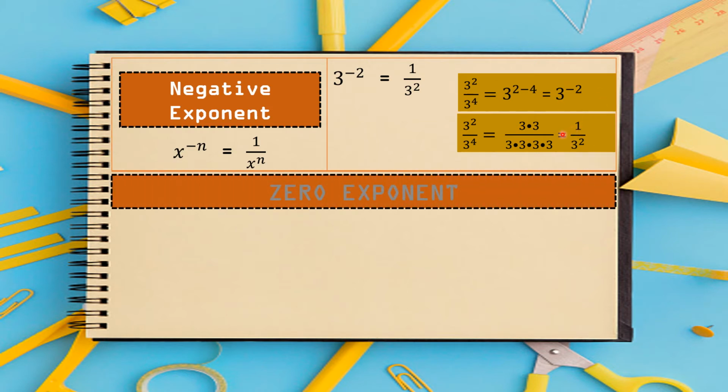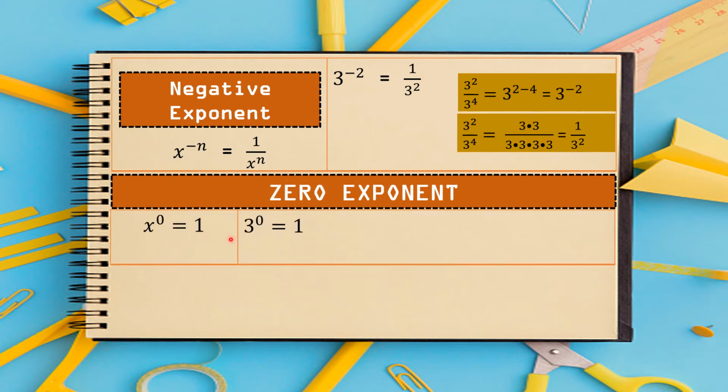Next, let us have zero exponent. When x is raised by 0, it is equivalent to 1. Example, 3 raised to 0 equals 1. Possibly, 3 raised to 0 came from 3 raised to 2 over 3 raised to 2, which is equivalent to 9 over 9, and that is equivalent to 1.